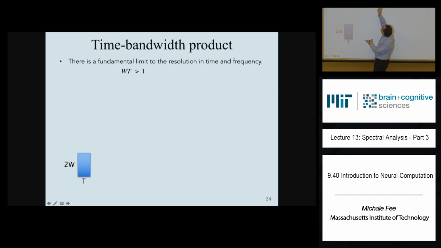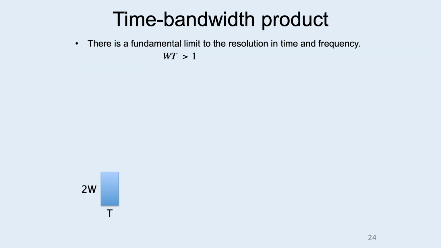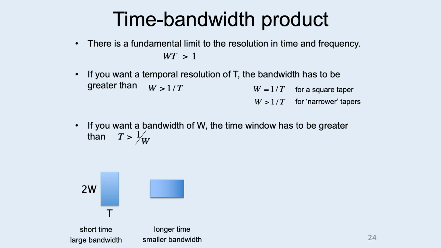The time bandwidth product has a minimum size of 1. You can either make time small and stretch the bandwidth out, or you can stretch out time and make the bandwidth shorter, or make time short and make the bandwidth longer. But you can't squeeze both because of this fundamental limit on the time bandwidth product.